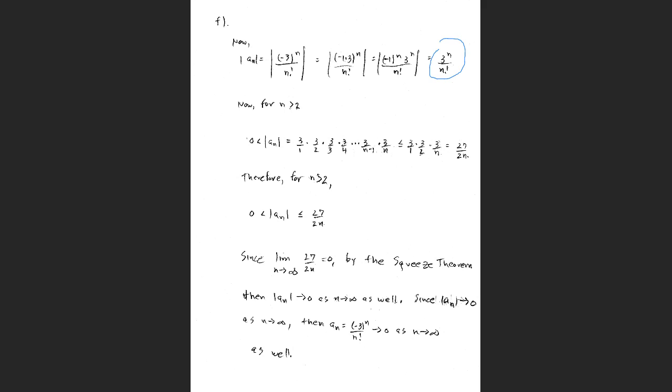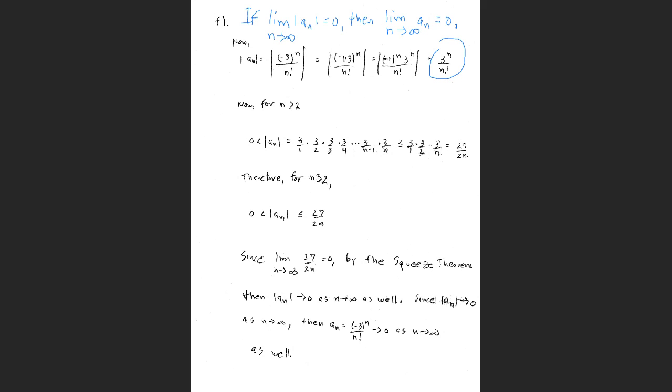Now the question is, if the limit as n goes to infinity of the absolute value of a sequence is equal to 0, then the limit as n goes to infinity of the sequence also equals 0.